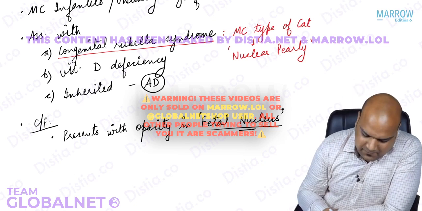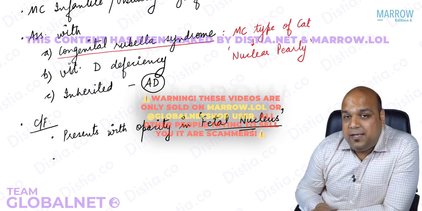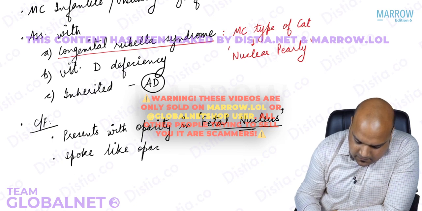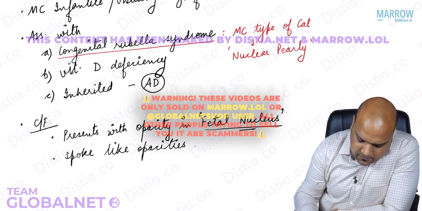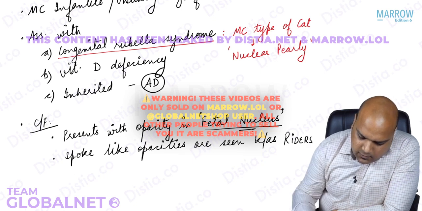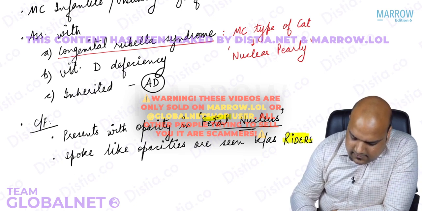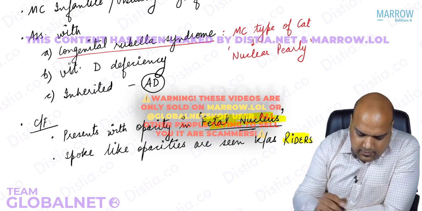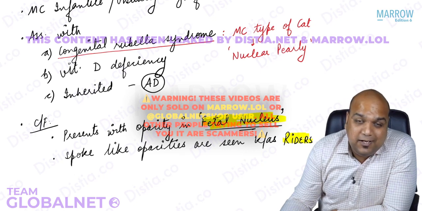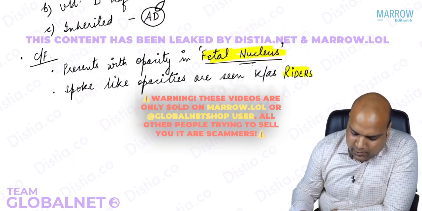Yes? Now, along with the central opacity in the fetal nucleus, everybody, spoke-like opacities are seen which are known as riders. Okay. So if you're talking about the clinical features, please remember a central opacity in the nucleus, the fetal nucleus, along with that spoke-like opacities.